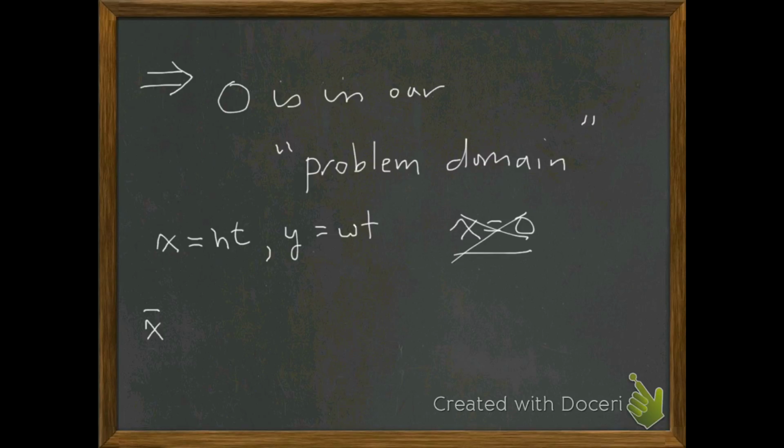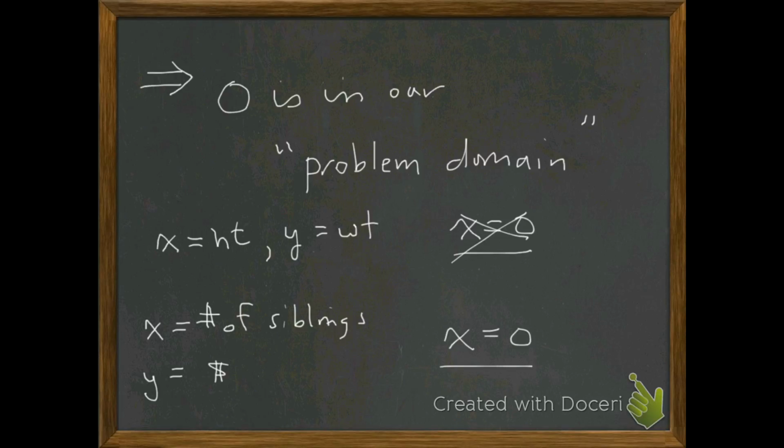However, if we were looking at x being, say, the number of children or dependents in a house, and y being disposable income, we all know houses that have no children.